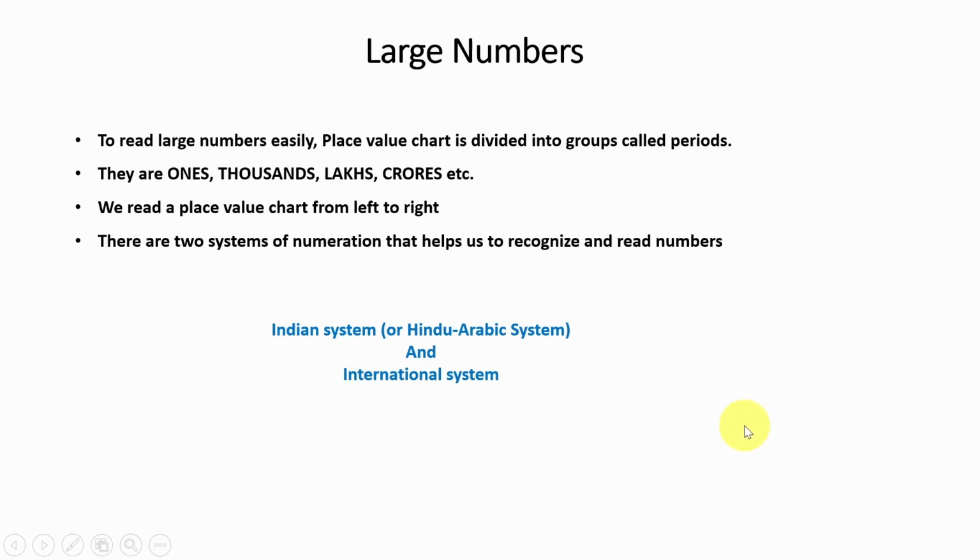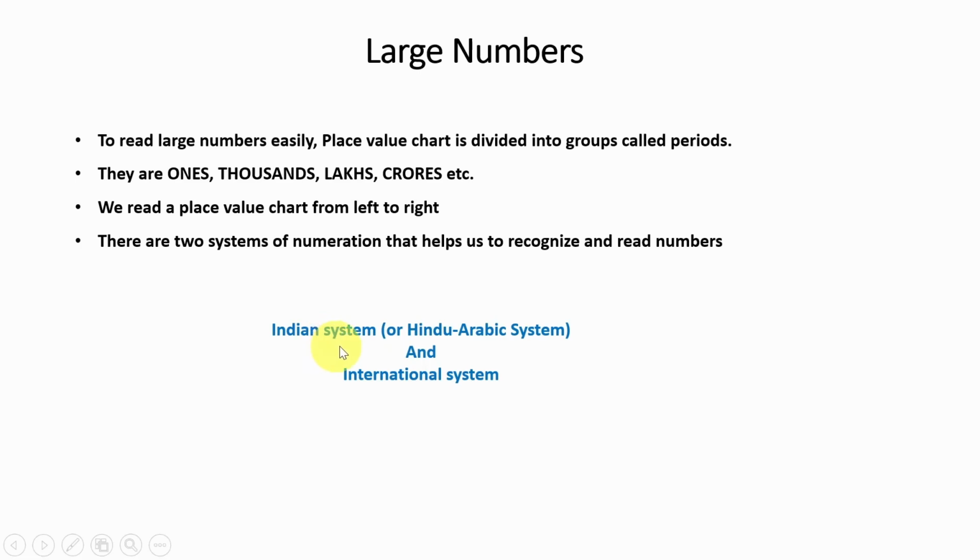In today's video, I am going to explain about the Indian system and the international system. We have two number systems to read and write large numbers. They are, first one is the Indian system and second one is the international system.